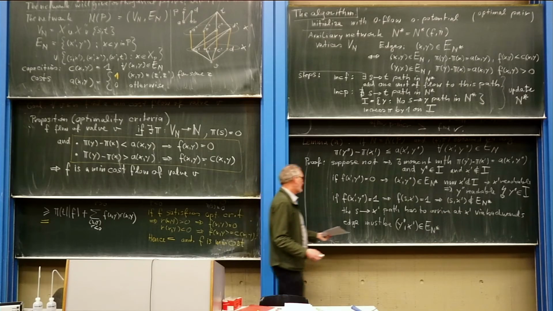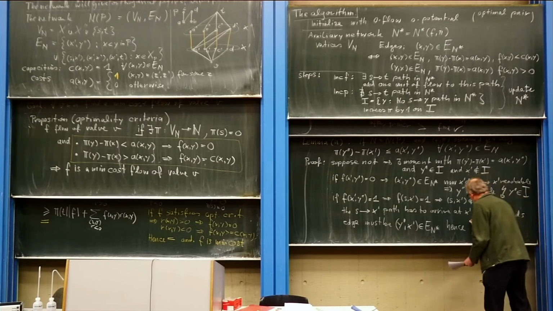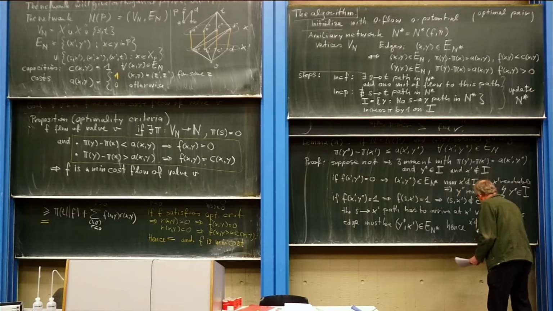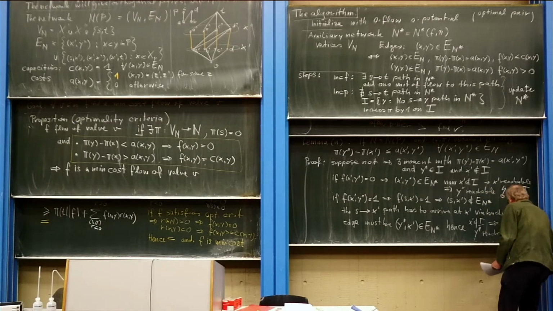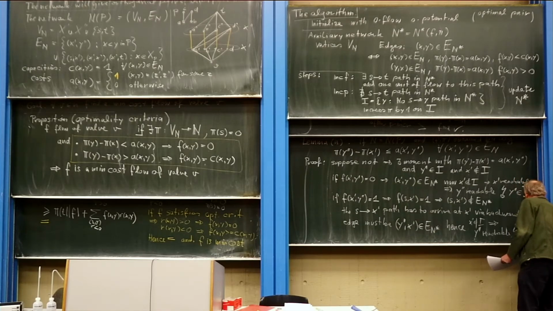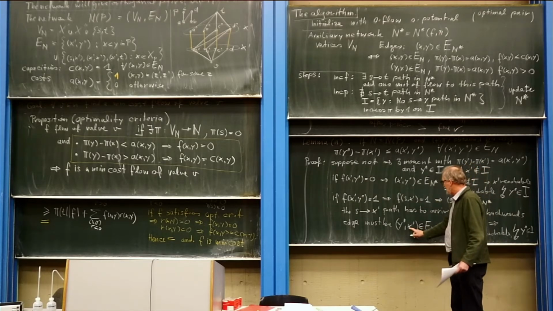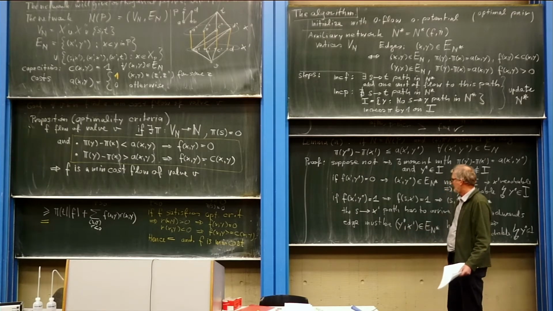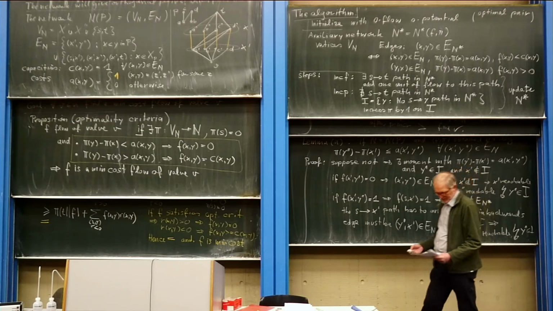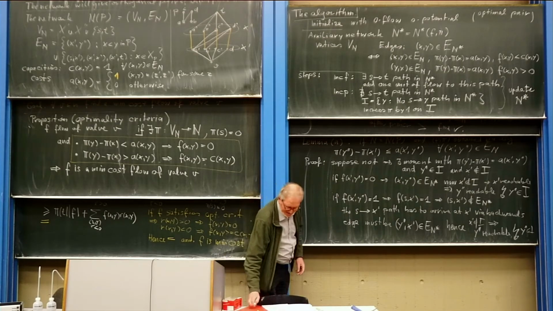And now we see that x prime not in I implies y double prime reachable, and we get the same contradiction that we had before, because the path from S to x prime that exists in the auxiliary network has to go via y double prime. Good.